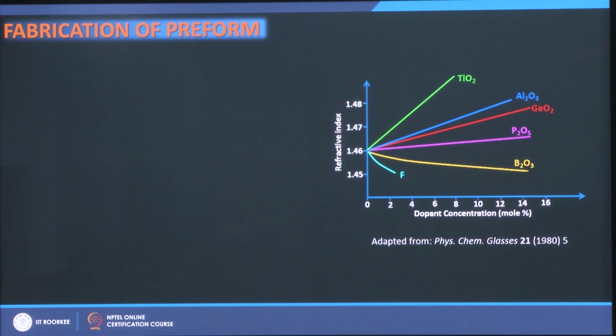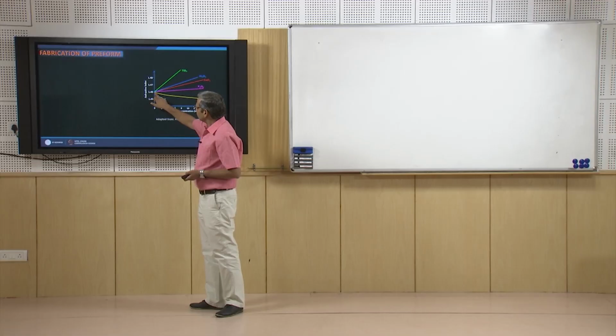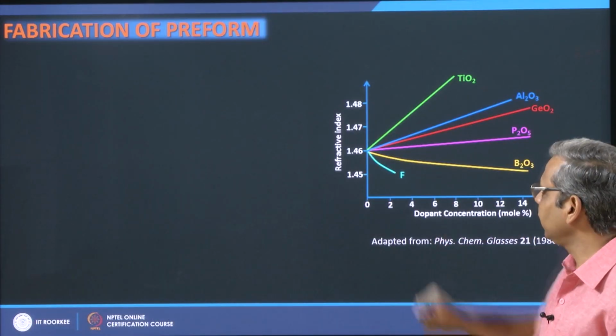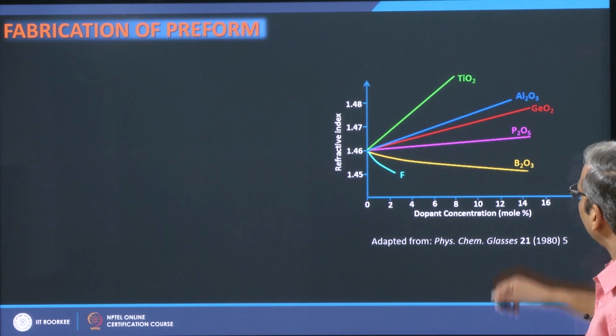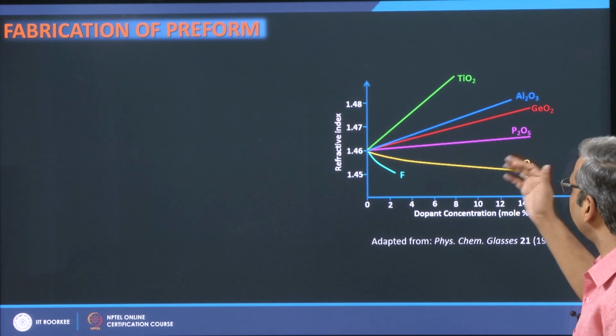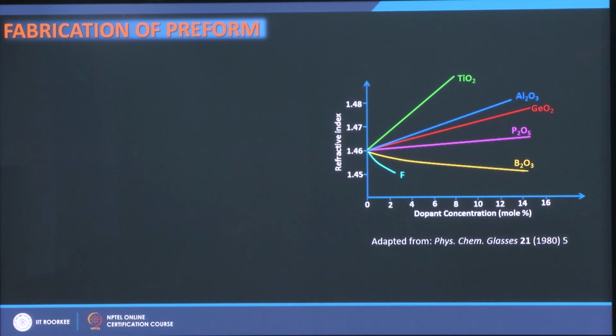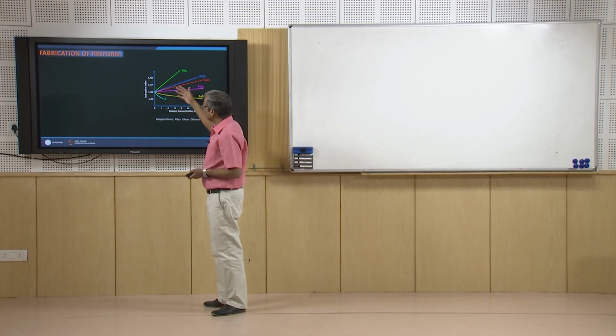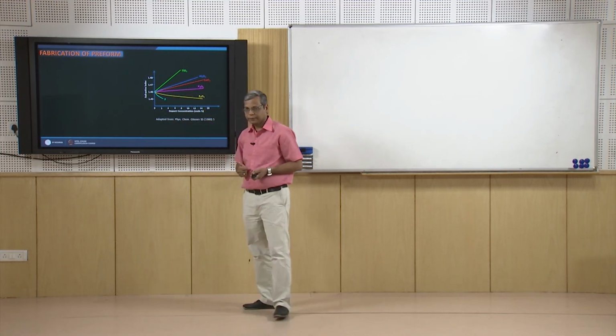When we dope silica glass with different materials, then how its refractive index changes. So, here you can see that this is pure silica at around 1.46 refractive index. When you dope it with phosphorus, germanium, aluminum, titanium, you increase the refractive index. While when you dope it with boron or fluorine, you decrease the refractive index.